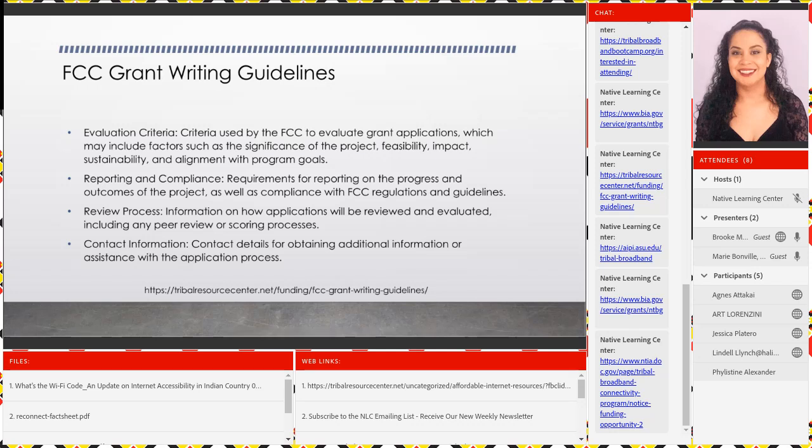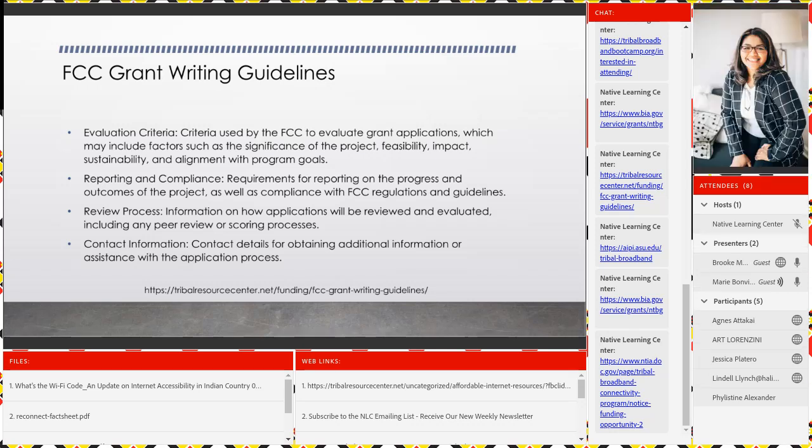So, in regards to the evaluation criteria, is there anything that we should look at or look for? I see the project feasibility, impact, sustainability, all things we talked about earlier, really. But any other goals you think that are unique to success when it comes to these projects?